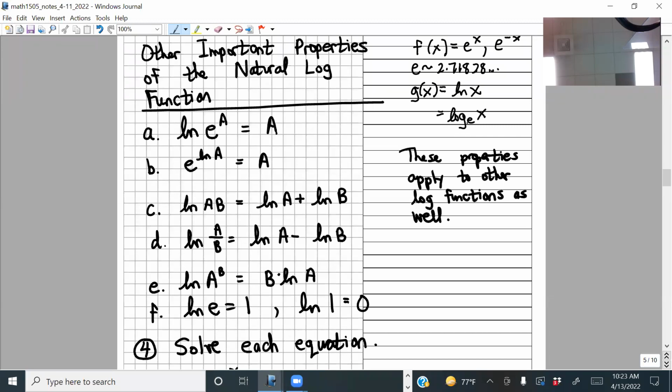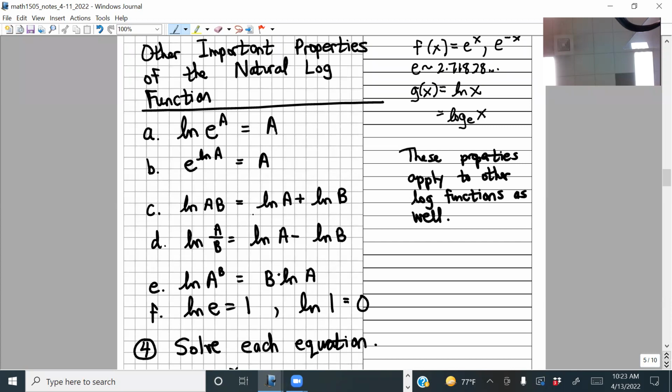This is an abbreviation for that longer way of writing down the natural log function. You read this as log base e, but the short name for that is natural log. So these functions are inverses of one another. When you compose them, they're going to cancel each other. And these functions are true inverses of one another, so you don't have this issue like we have with inverse trig functions.